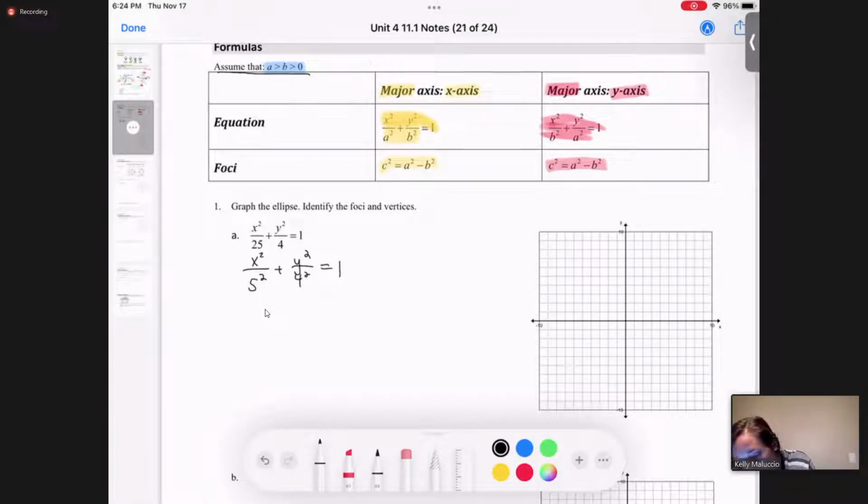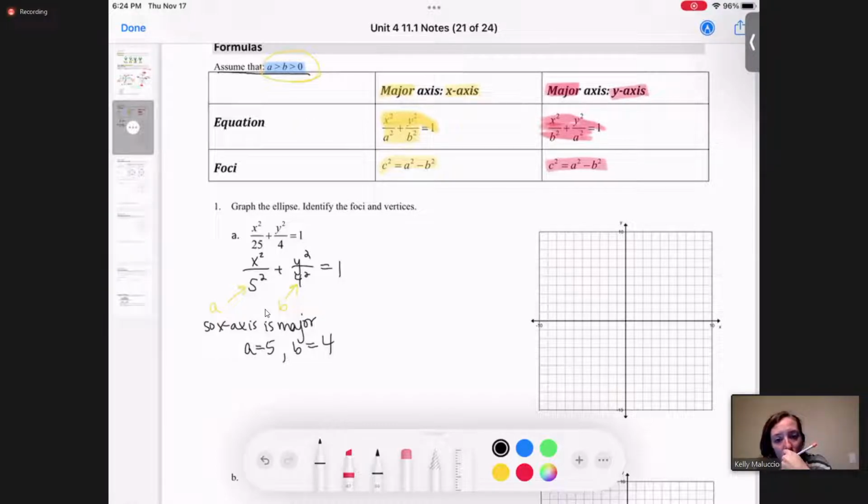Well, remember back at the top, A is bigger than B is bigger than 0. So this has to be A, and this has to be B, because A is bigger than B. This tells us that the x-axis is the major axis, and A equals 5 and B equals 4.